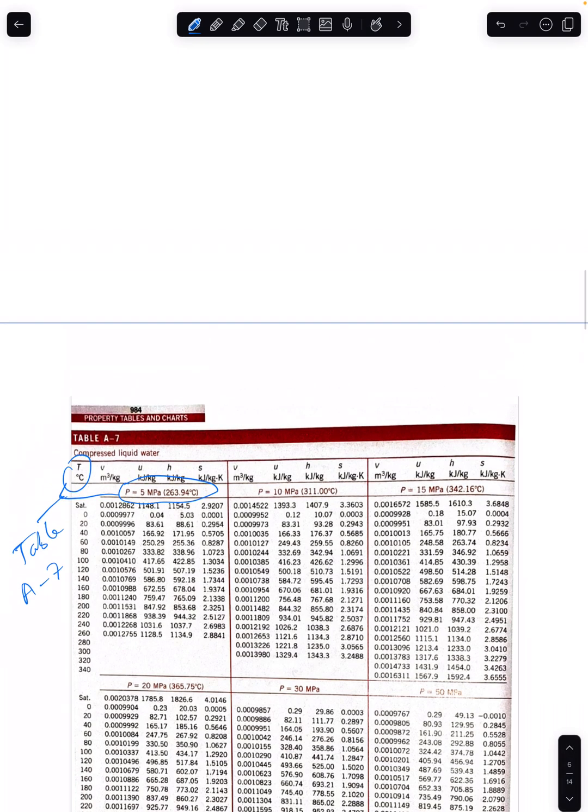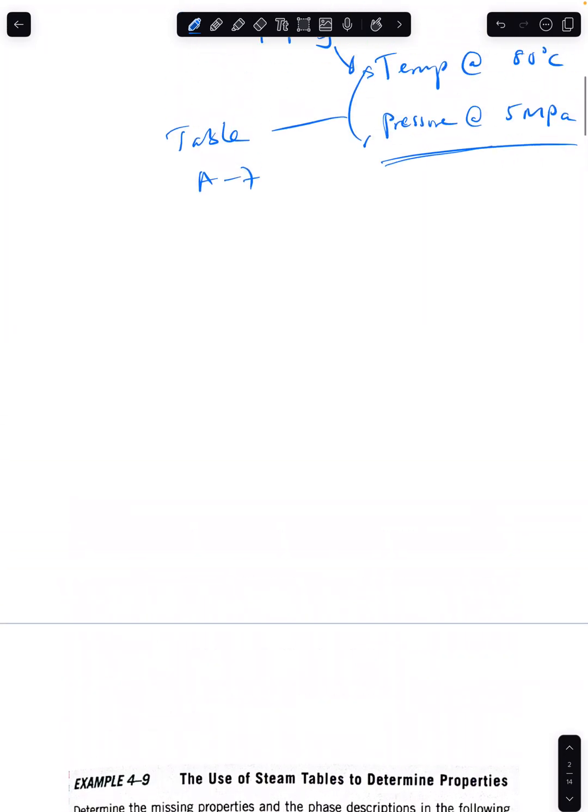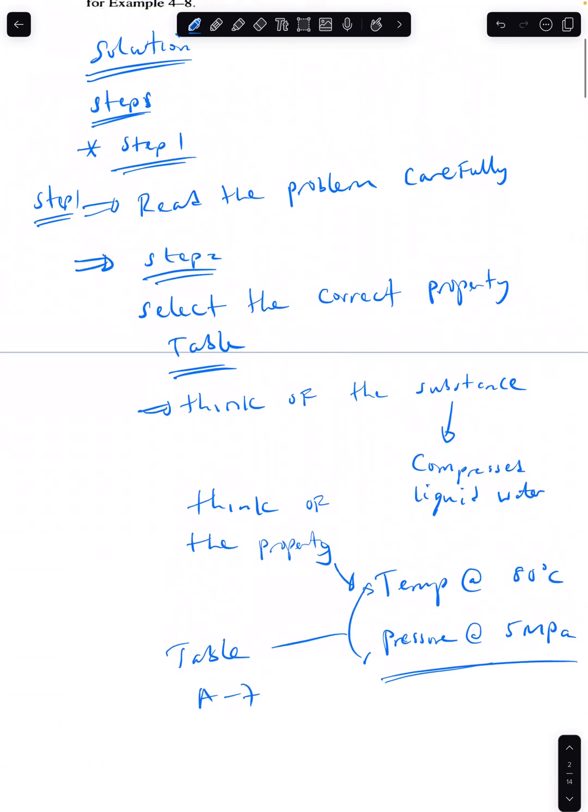Now we know how to choose the right table.